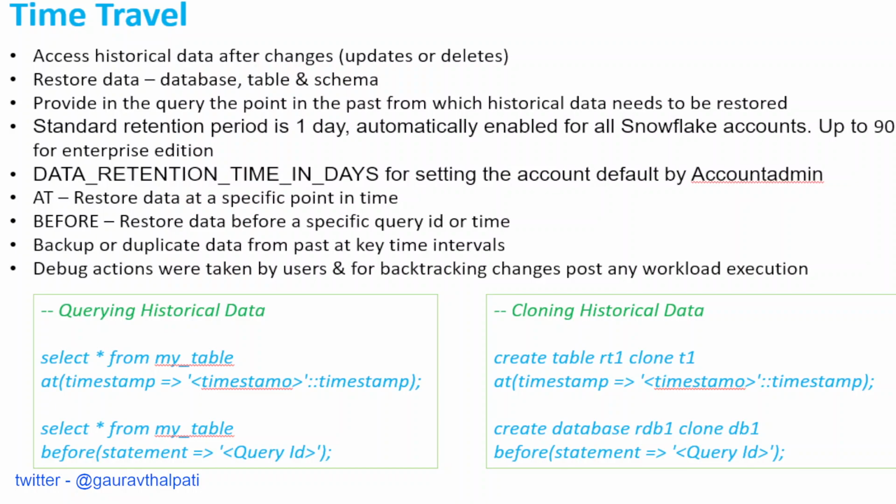So the developer can just do a select star on that table with the timestamp which is less than when the query was fired. Or in fact, if you have the query ID, you can also do a select, and in your clause you can just add a before statement where the query ID is mentioned. So in both these cases, you would be able to see the previous data.